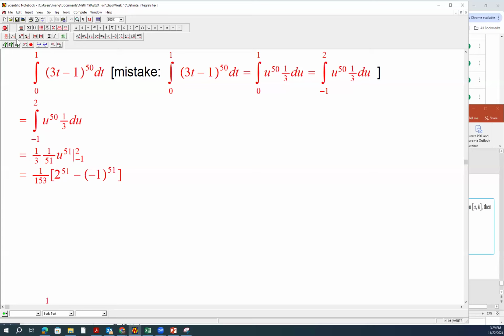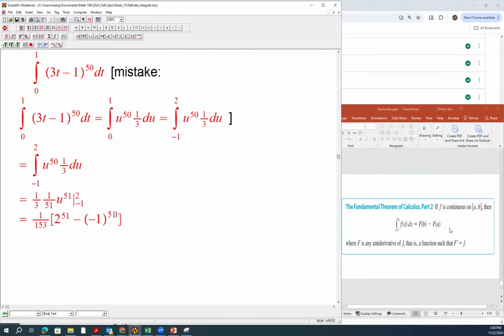You just do the substitution, applying fundamental theorem of calculus part 2. -1 raised to the power 51: 51 is an odd number, so that's still going to be -1. -1 subtracted from 2 to the 51 gives a +1.